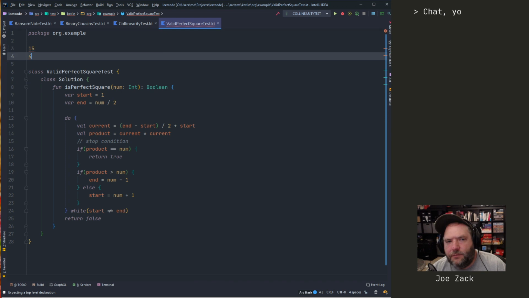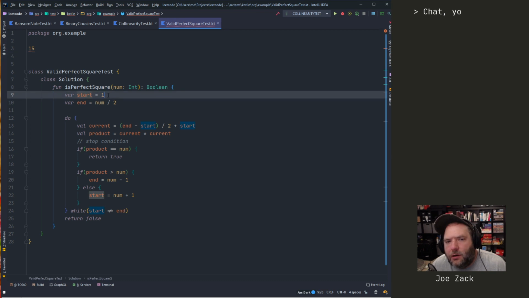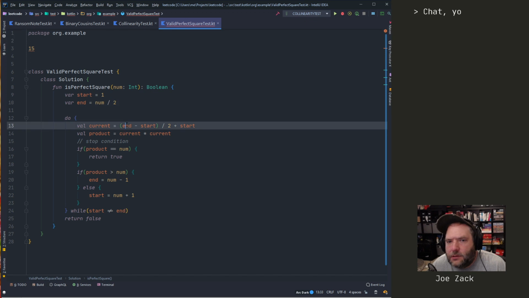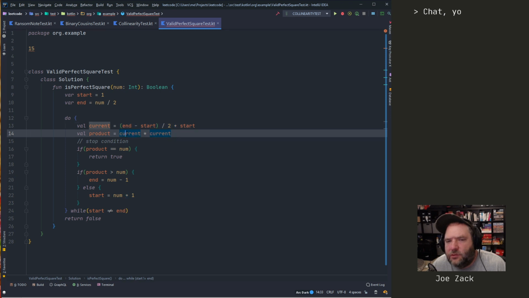What about 15? Start equals 1, end equals 7. 7 minus 1 is 6, divided by 2 is 3, plus 1 is 4. Current times itself, so 16.